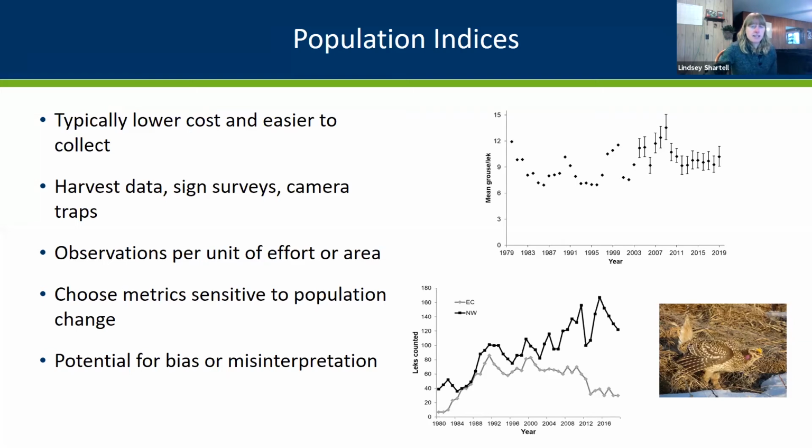However, if you look at a different index, which is the number of leks counted, and you break it out by region, you can see that there's quite different trajectories for the Northwest and the East Central populations. So one metric on its own is likely not giving you the full story. And we must be cautious in interpreting single metrics without more information.